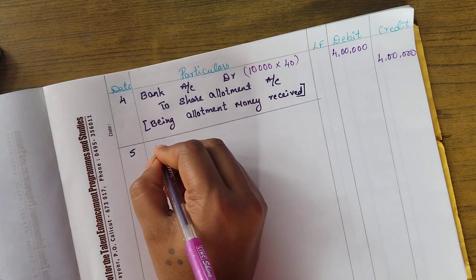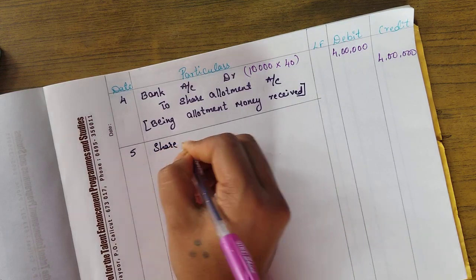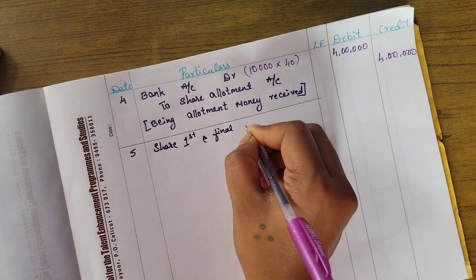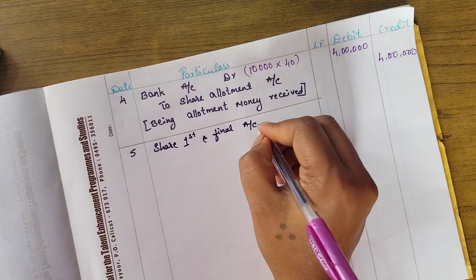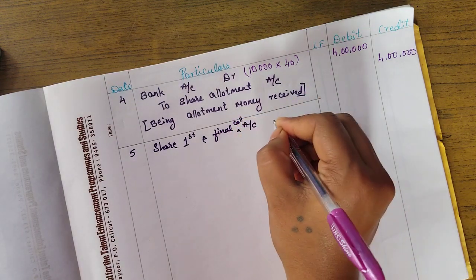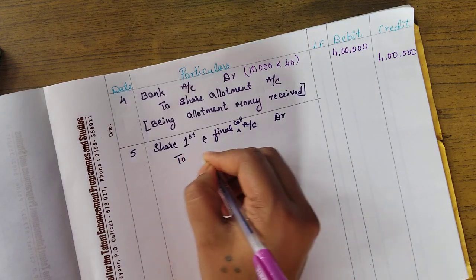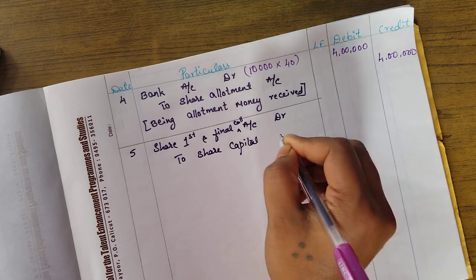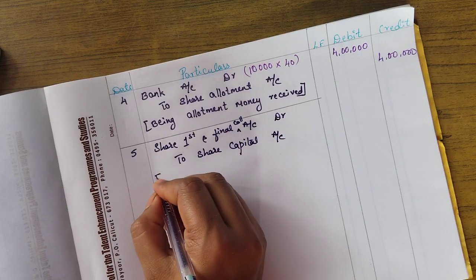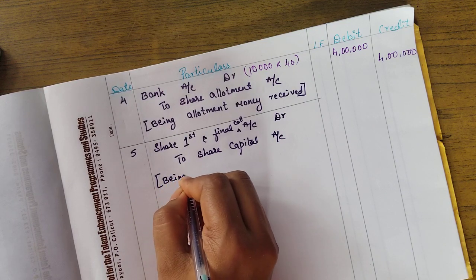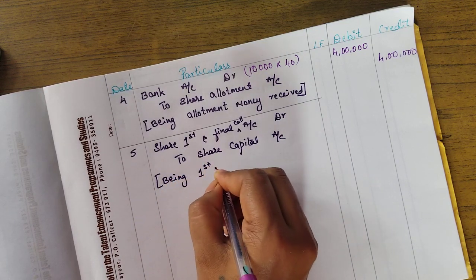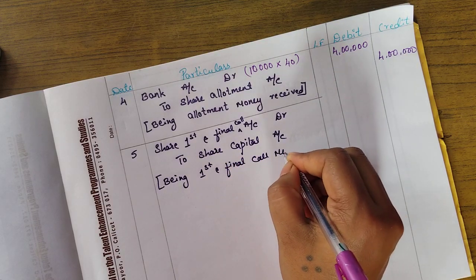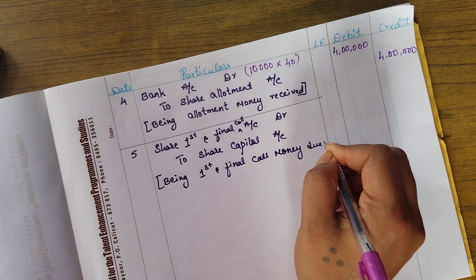So first we will show: first and final call account debtor to share capital account. Narration being: first and final call amount due, or money due.